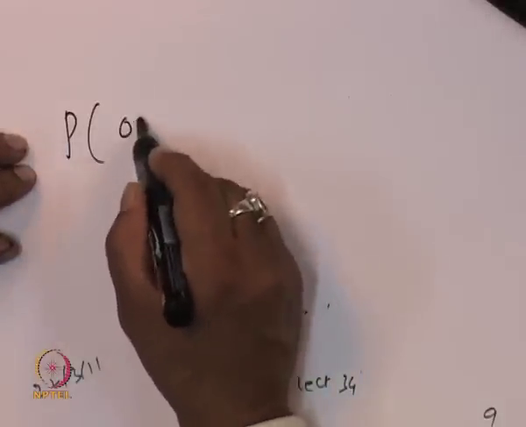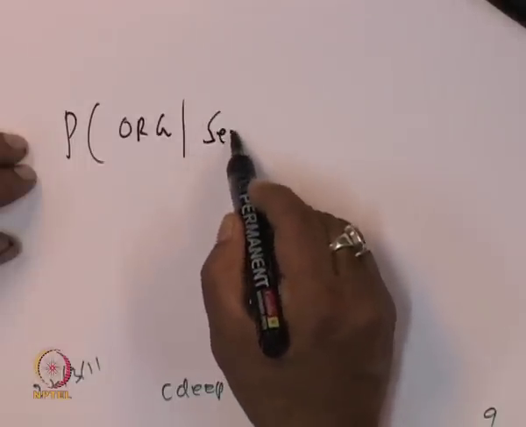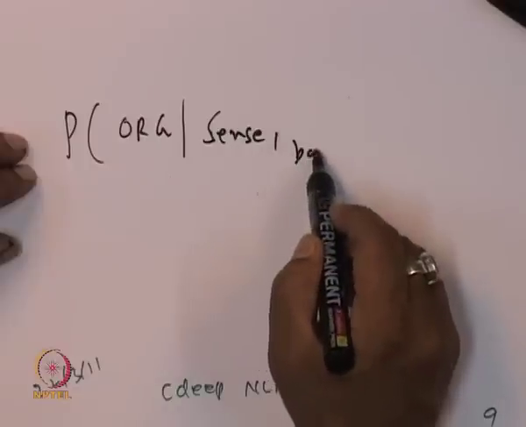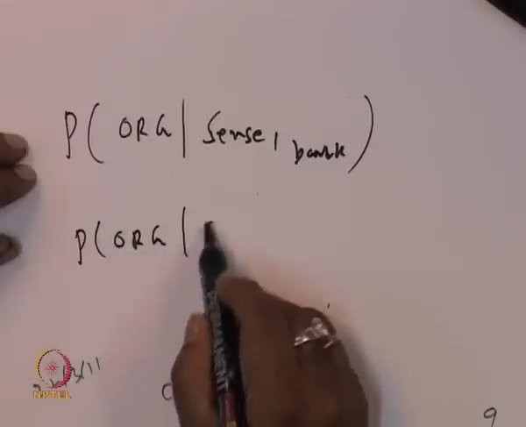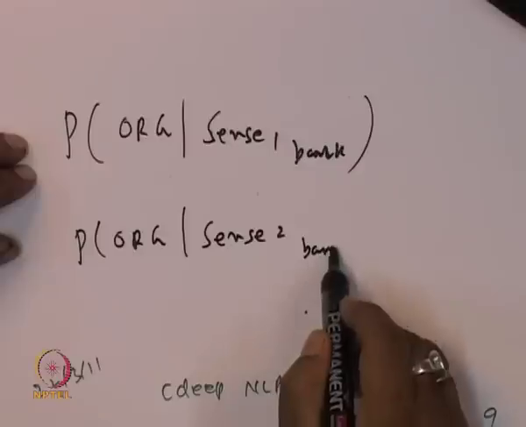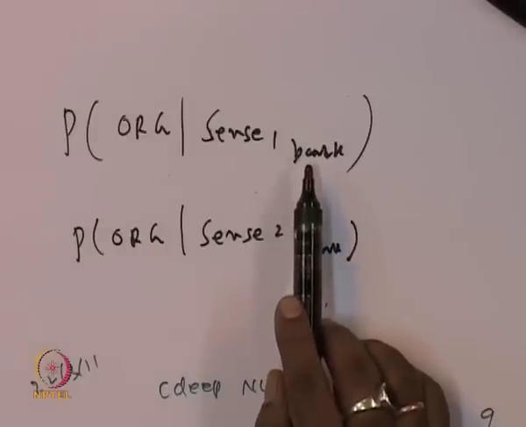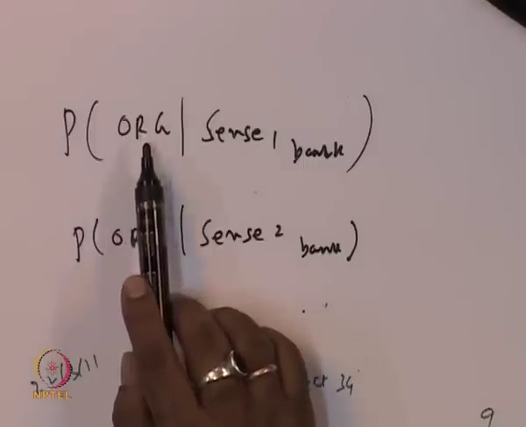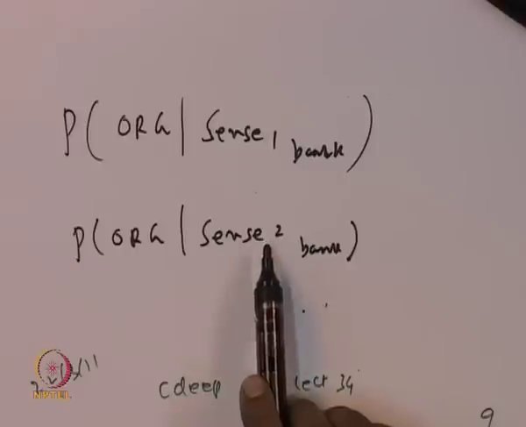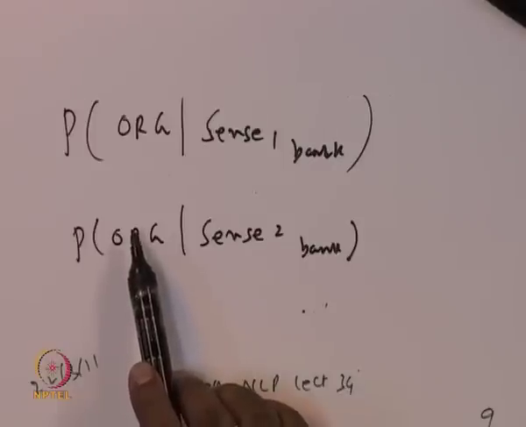This other probability value is, let us say, probability that the property is organization, and we have sense 1 of bank, and property of being organization for sense 2 of bank. Okay. So, does the first sense of bank, which is financial sense, have the property of being an organization? And does the other sense of bank, which is river bank sense, have organization property?